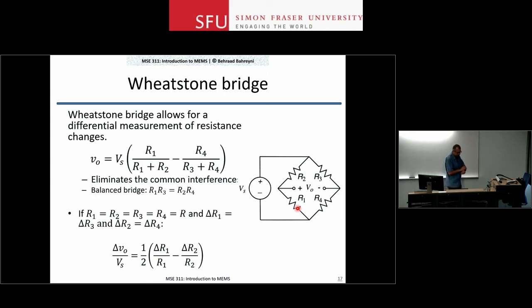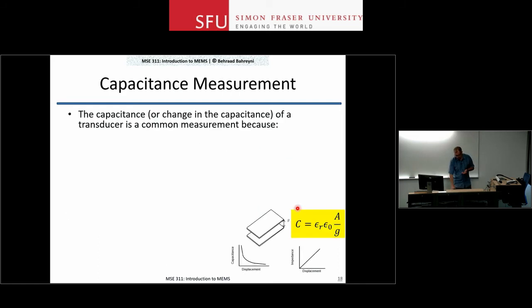The next topic we want to cover is capacitive measurement, and this is very important. We have seen that, for at least the MEMS guys, in a lot of situations you produce a change in displacement, which is part of a capacitive interface, and you need to measure that change in capacitance to figure out what that change in displacement was.